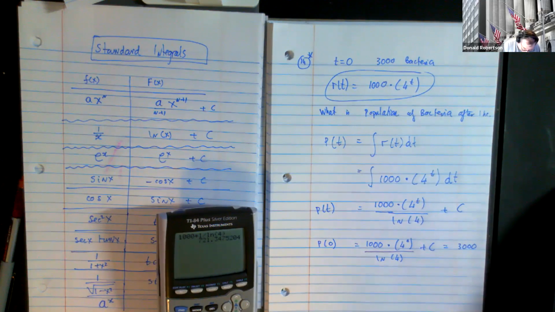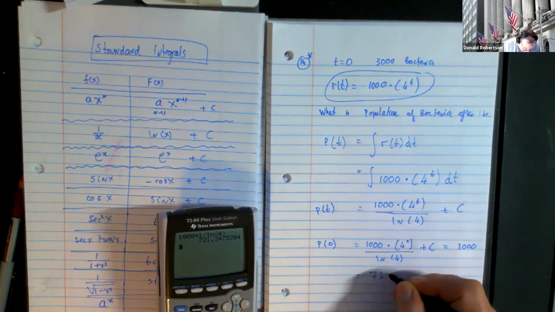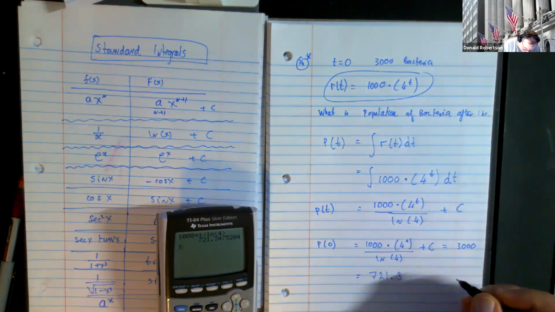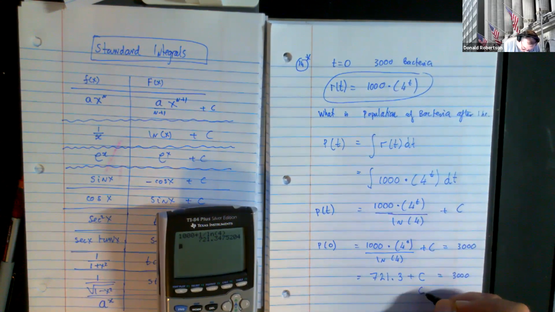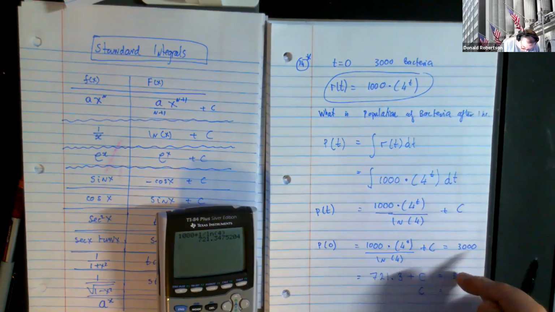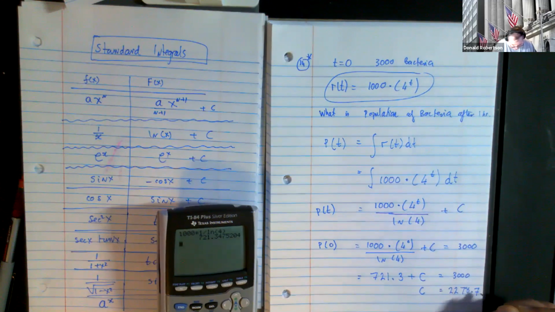And we get not a very pretty answer, but roughly 721.3. Add C is 3000, which means that C is what you get if you take that away from that. So it's 2278.7.